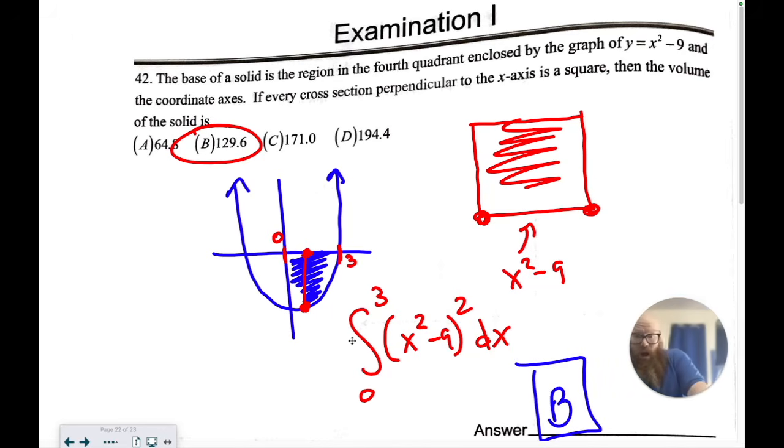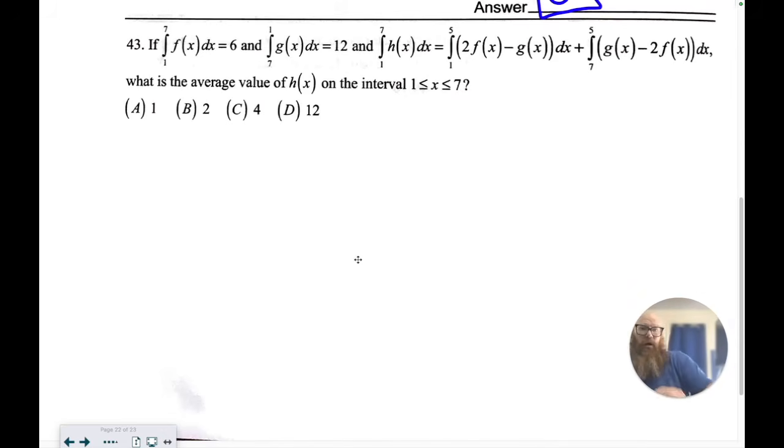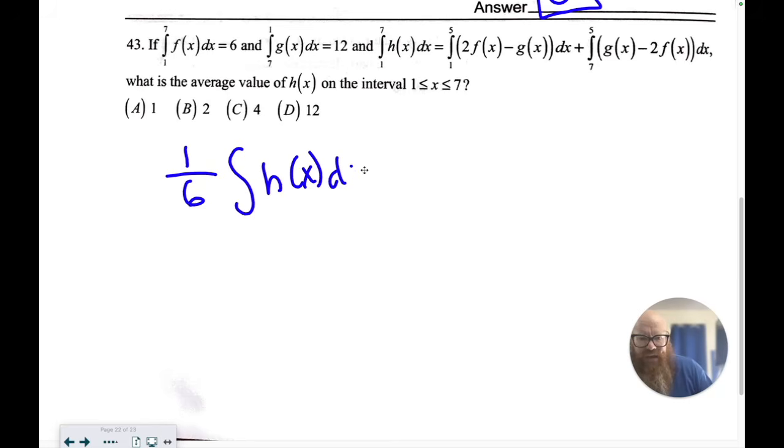All right, we're nearing the end here. We're getting there. So, what is the average value of h on the interval from 1 to 7? So, the average value is 1 over 6, because 7 minus 1 is 6, of the integral of h of x dx from 1 to 7.